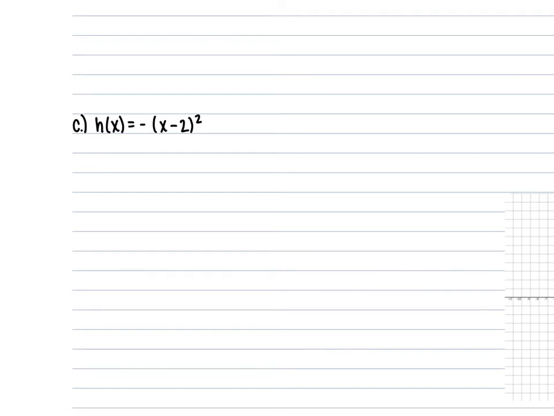If you have a negative in front of the parentheses, it is a reflection going up and down, so it would cross over the axis. If you moved up and down, that would be the x-axis. So this negative that's in front represents a reflection across the x-axis.